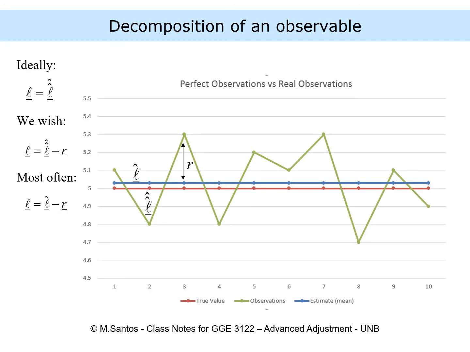This figure tries to show the relationship between observation, true value, and estimate. We have in red the true values of the observations. The true value is 5. At every epoch here, 1, 2, 3, all the way to 10, we have observations of value 5.